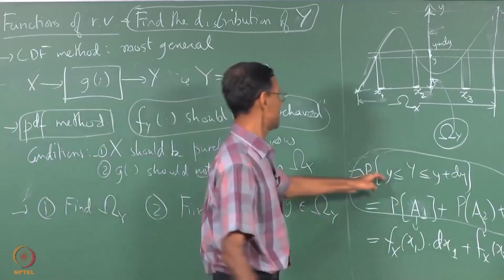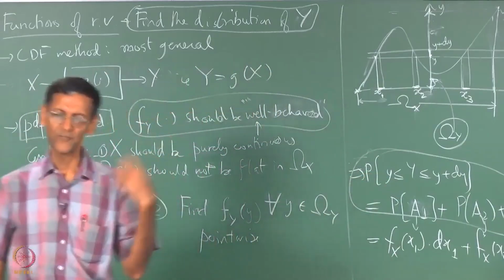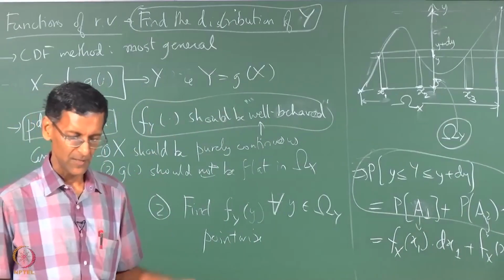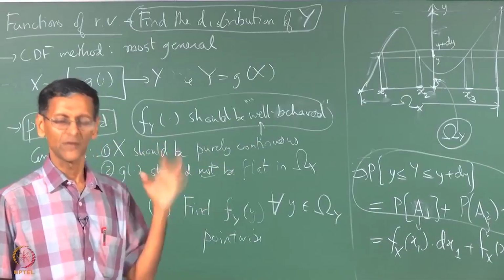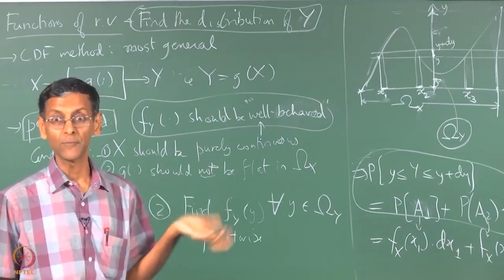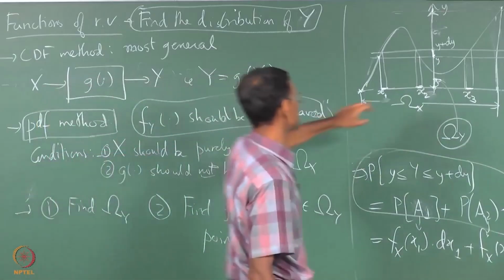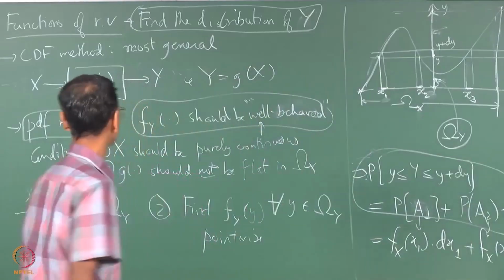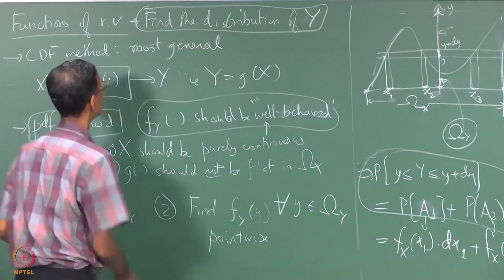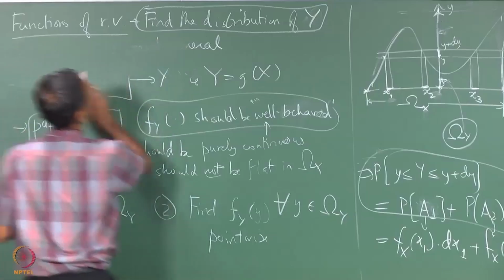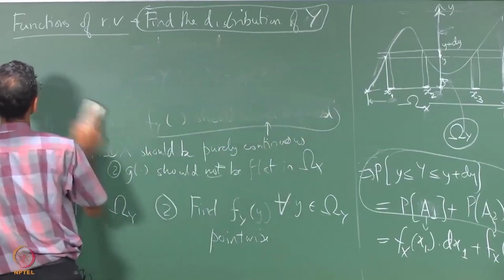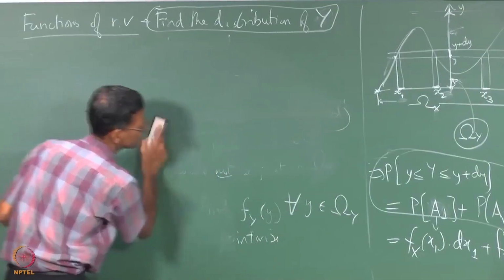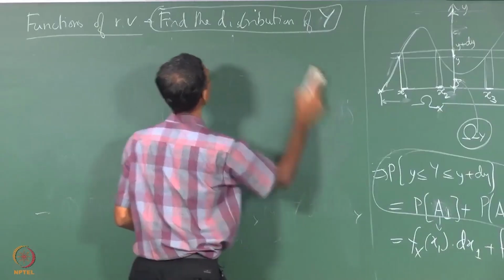What about the left hand side? The left hand side, by the definition of the density function, is just the density of capital Y at small y multiplied by dy. Dy we have assumed to be some small positive quantity to begin with. So what happens?